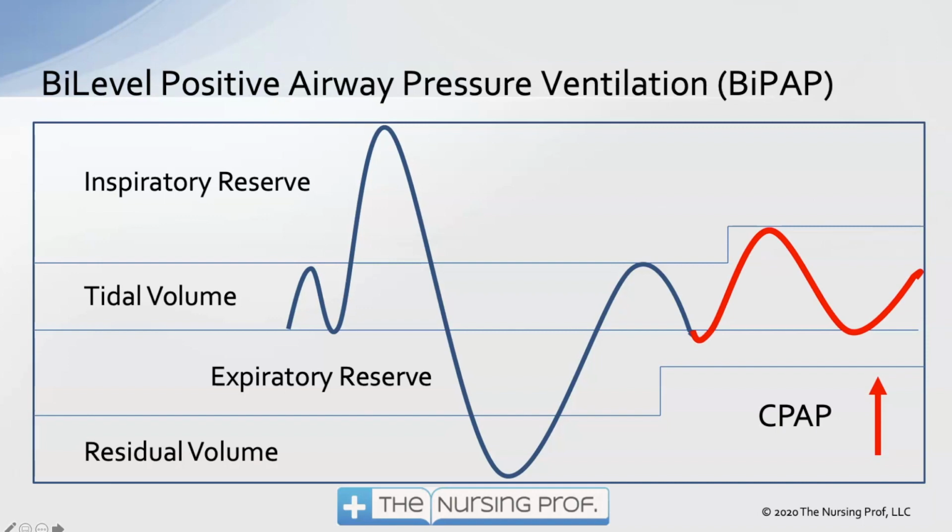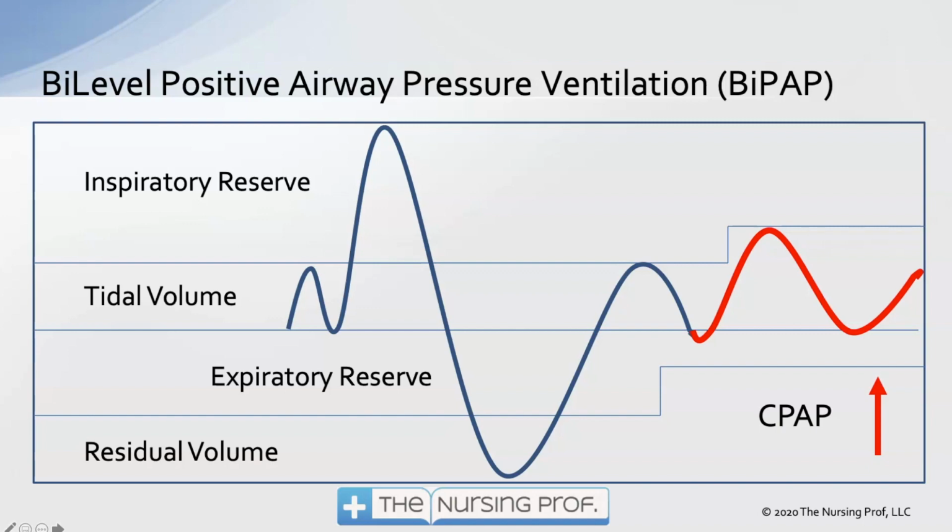On the other hand, BiPAP does what CPAP does, so you see it down there at the bottom again in the residual volume, increasing residual volume. At the same time, it's also increasing our tidal volume by having a little bit of positive pressure during inspiration. The positive inspiratory pressure is going to help that person to take a deeper breath with the same amount of effort.